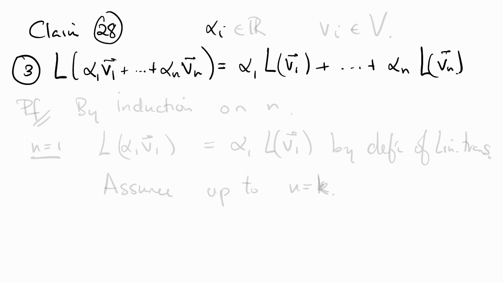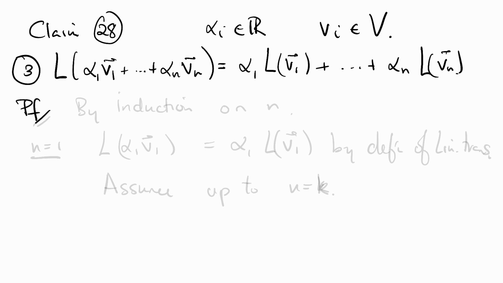And this is for the alpha i real numbers, and the V's are vectors in the vector space. The definition of linear transformations technically only tells you how to apply L to a linear combination of two vectors. This is a linear combination of n vectors where n can be larger than 2.